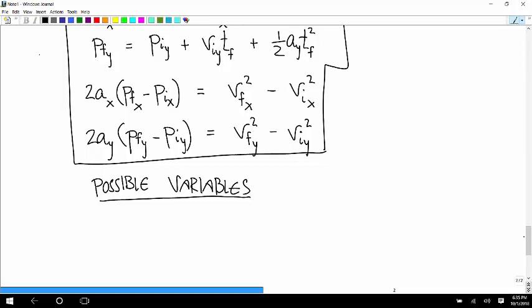Okay, we can make a list just the same in 2D, but all those directional variables have 2 components.